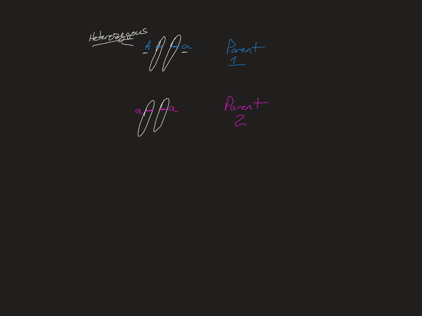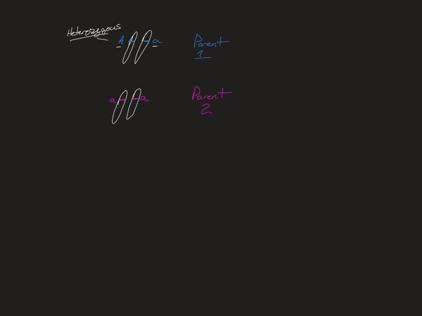But in this case, let's say they do that. We call this homozygous. And specifically homozygous recessive. Again, vocabulary on the board. Recessive means you need 2 copies to see the trait. Dominant means you need to have only 1 copy to see the trait.